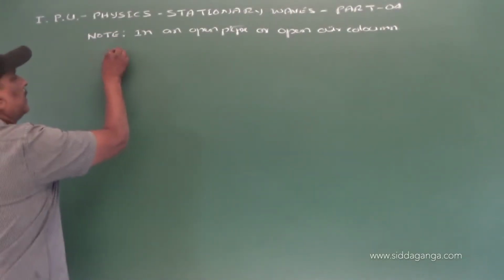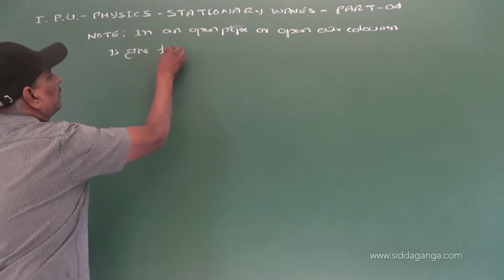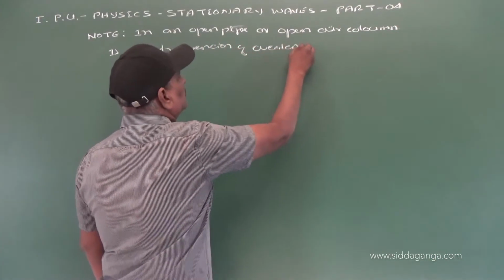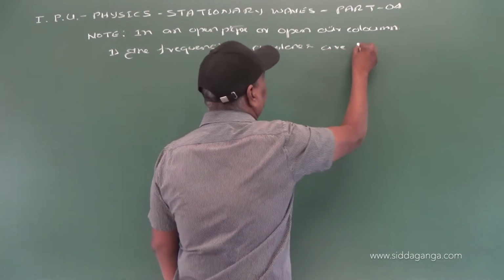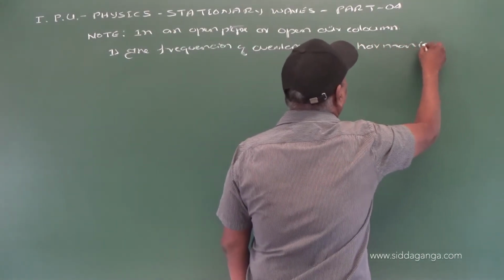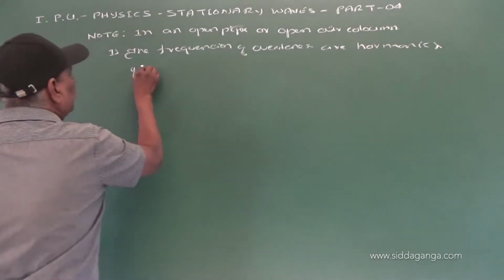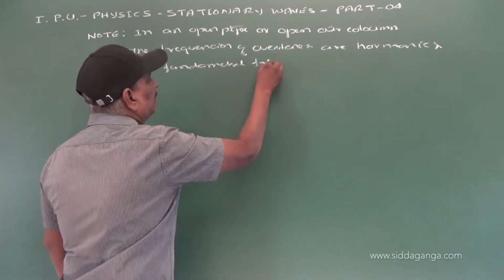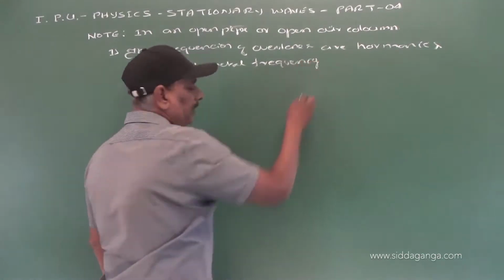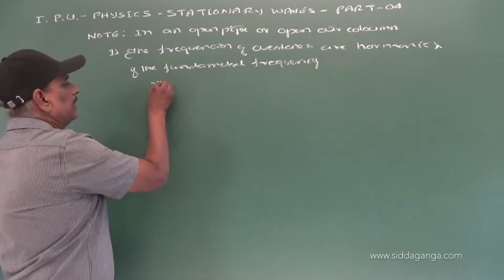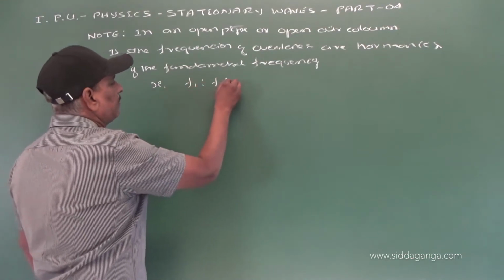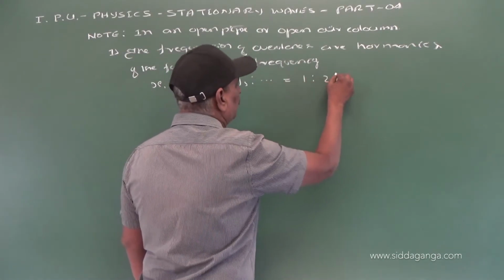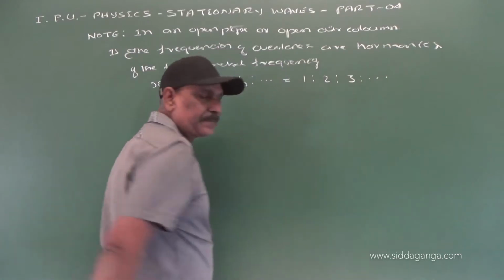That means the frequencies of overtones are harmonics of the fundamental frequency. That means to say, here F1 is to F2 is to F3 is to etc. is equal to 1 is to 2 is to 3 is to etc.